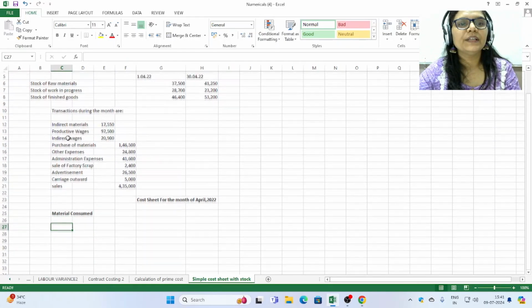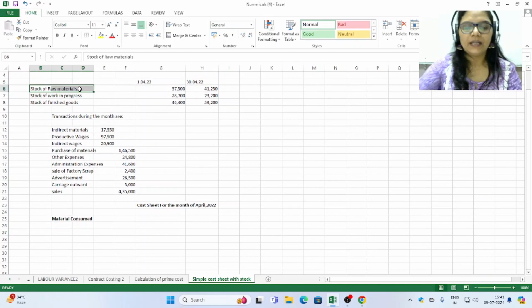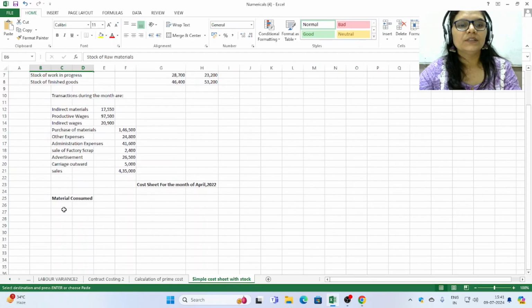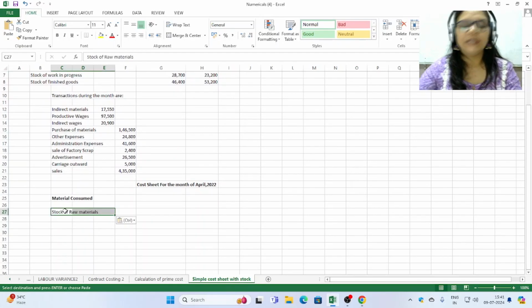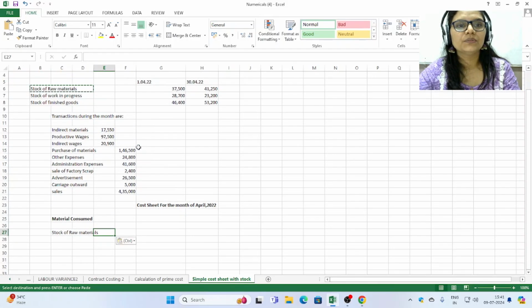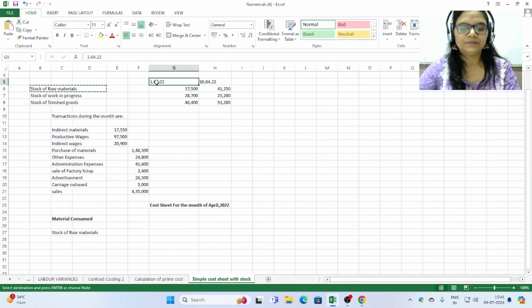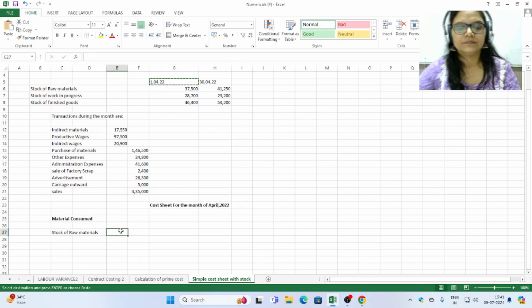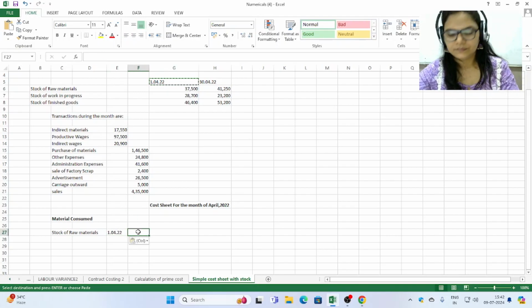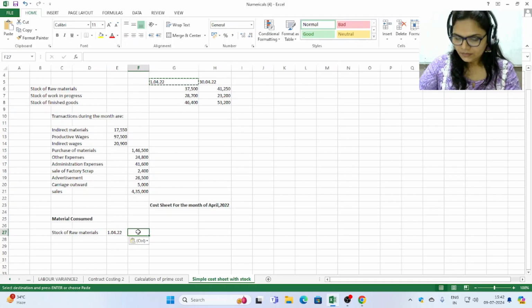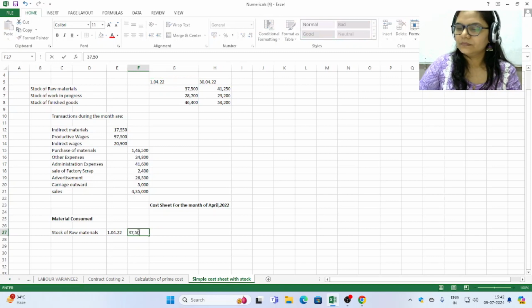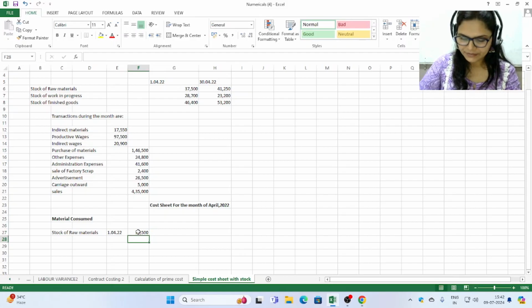First of all, we need to have stock of raw material at the opening of the year. So we will write it over here, stock of material at the opening, first April 2022, which will be calculated like this: $37,500.